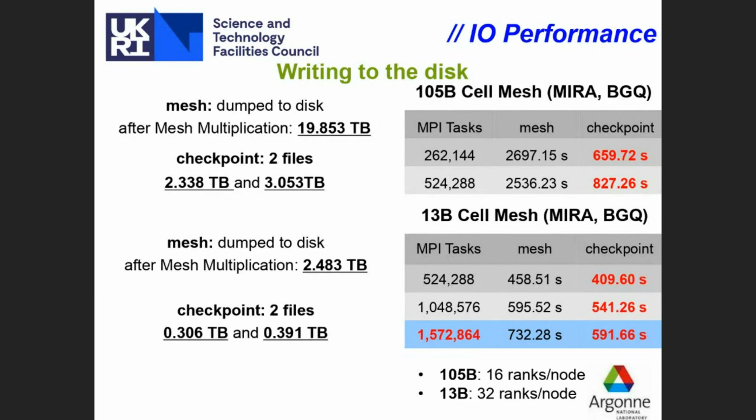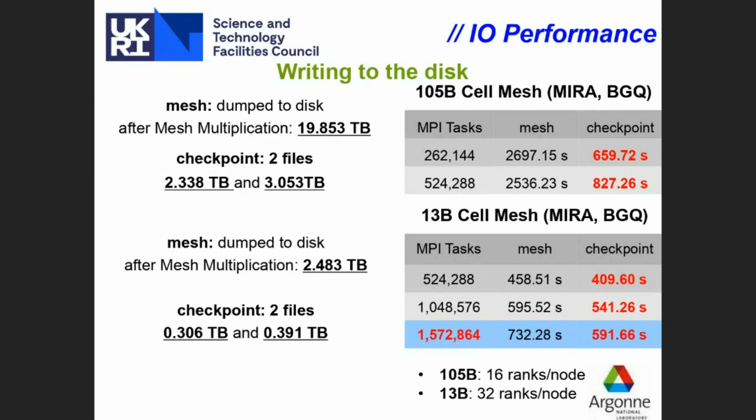And if you remember that mesh multiplication was only 8 seconds, you can easily see that it's better to keep everything on the fly. But that was just an exercise to write the mesh on the disk. And for the checkpoint, this is compulsory. So it takes about 11 to 25 minutes in total.